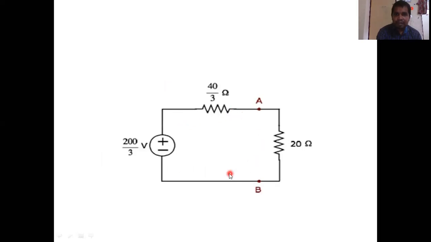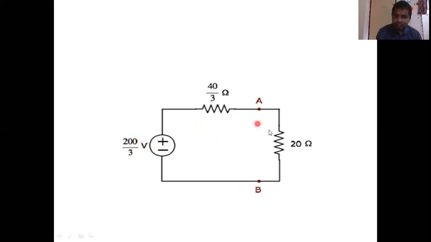Suppose I write the equation for I. This voltage will be positive, this voltage negative, this voltage negative. That means if you write a loop equation, you will have 200 by 3 minus 400 by 3 I minus 20I. That is the closed loop equation, the Kirchhoff voltage law equation.